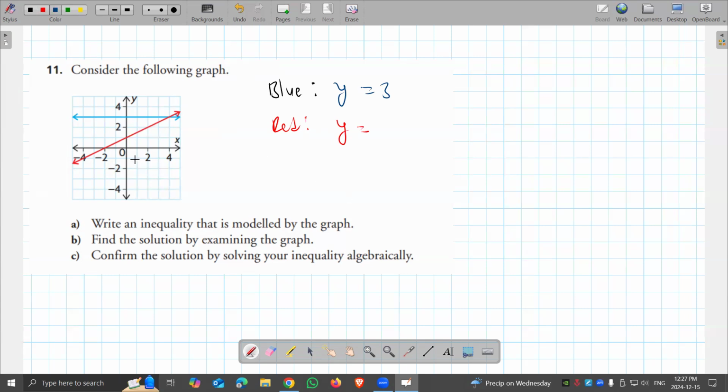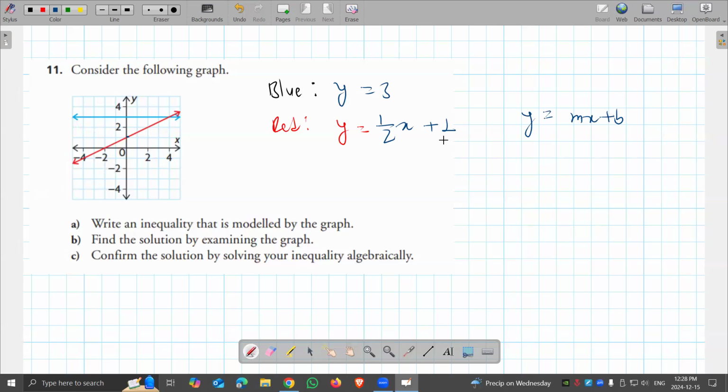Okay, so what's the slope? Remember, it's y equals mx plus b. What's the slope? One over two, so it's going to be 1 over 2x plus 1, right? That is the equation.